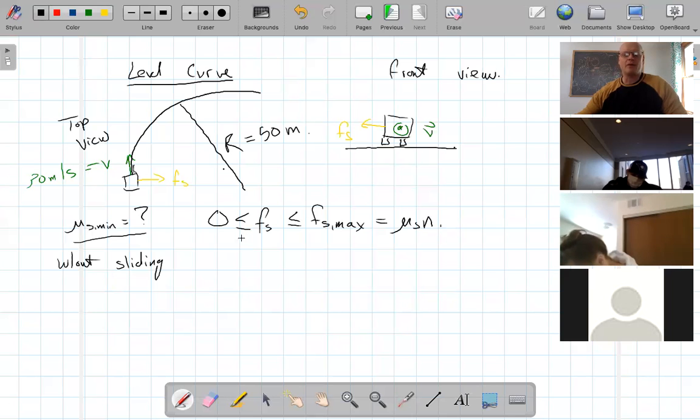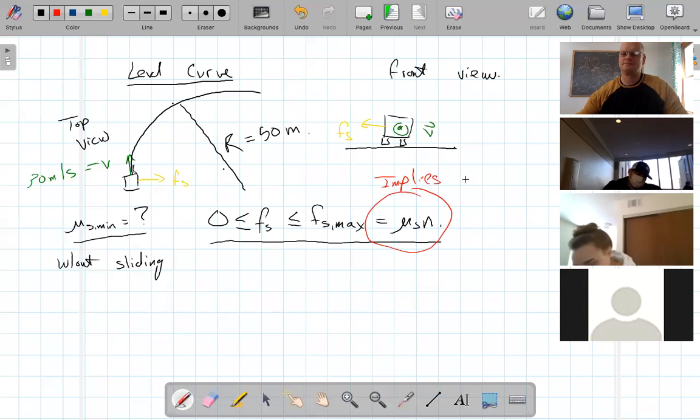Whenever I'm doing a problem involving static friction, there always has to be something in the problem which implies that it's maximum. If there is nothing in the problem which implies maximum static friction, I cannot assume that it is this. The only way I can assume that it is this is if there's something that implies it's maximum.